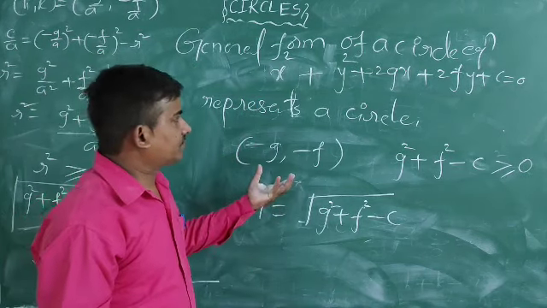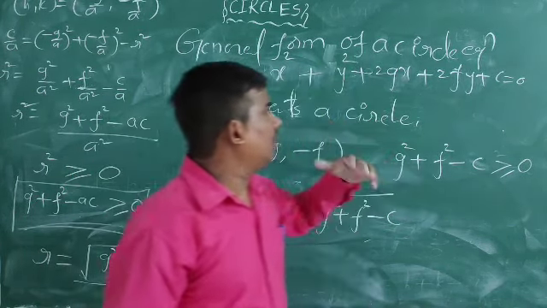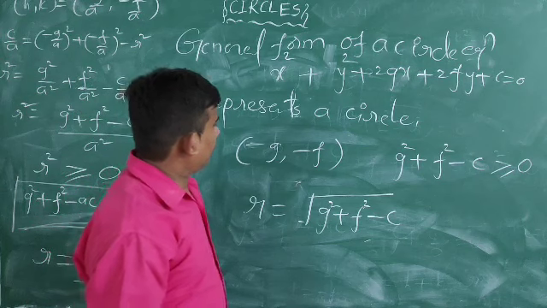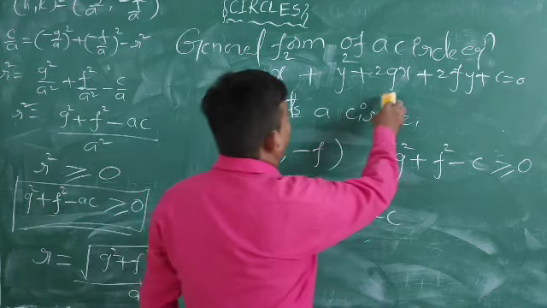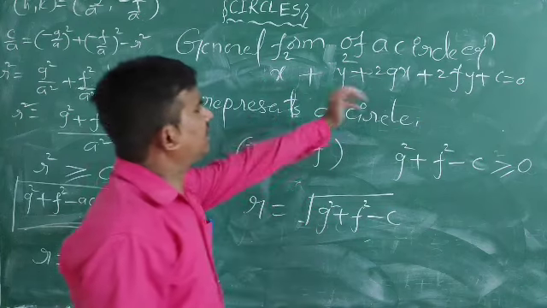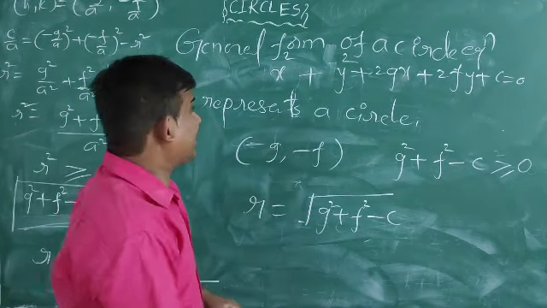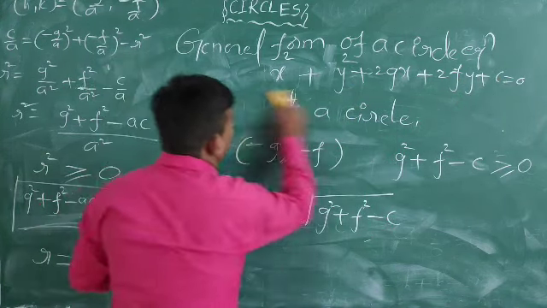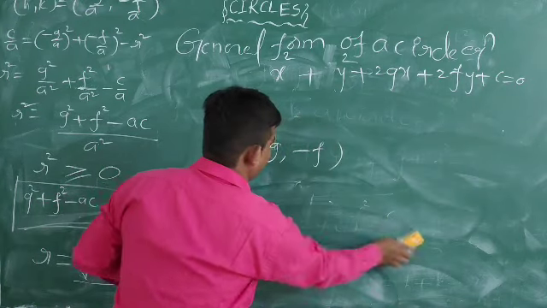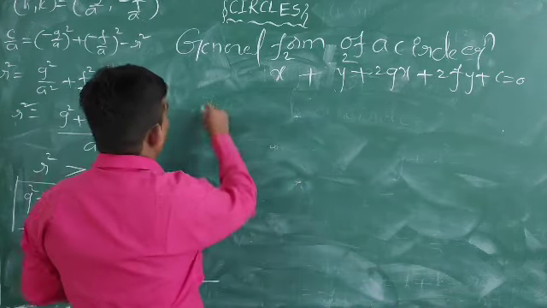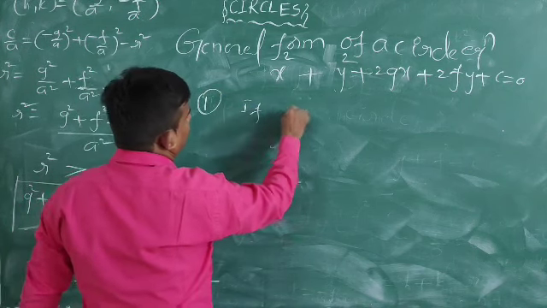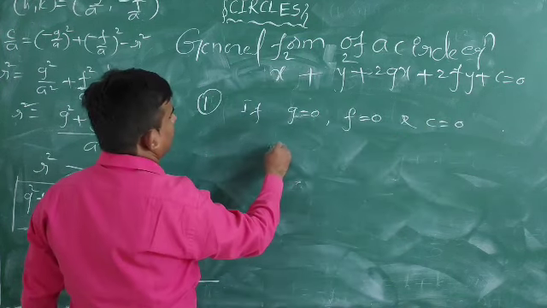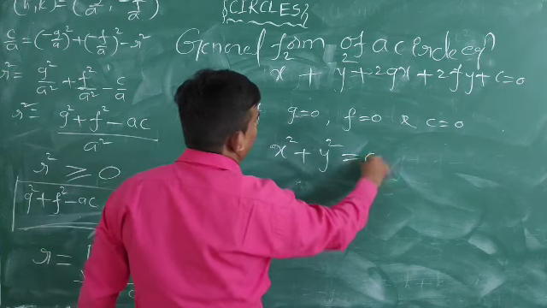What happens if the unknowns g, f, c are all zeros? When g, f and c, all three, are zeros, then if g equal to 0, f equal to 0, and c equal to 0, three at a time, our equation becomes x square plus y square equal to 0.